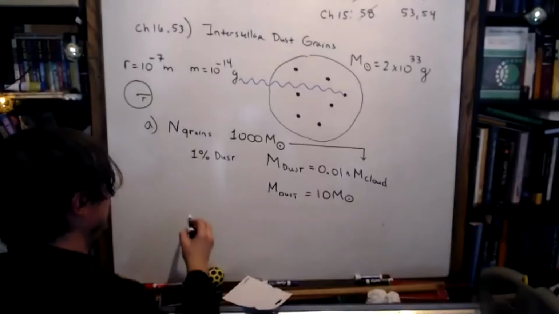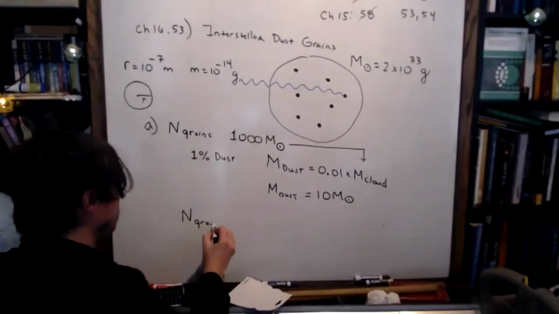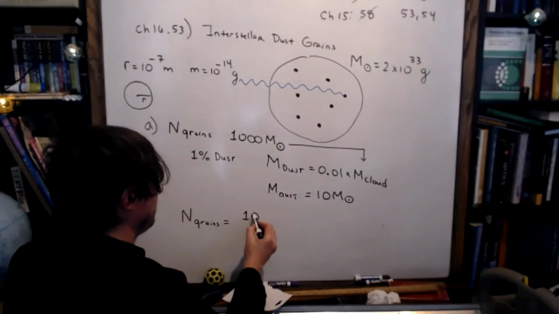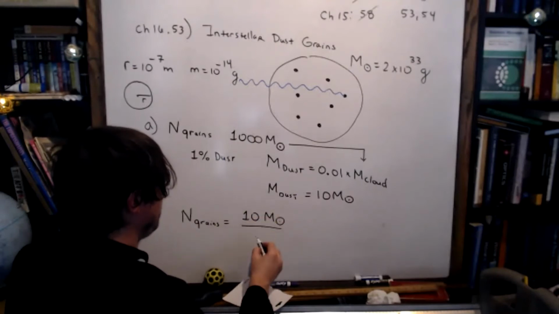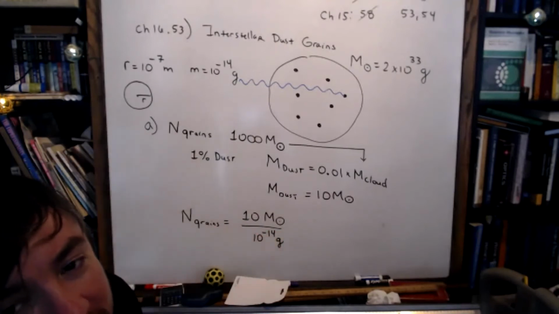So Christopher's second idea, which was a good idea, is that the number of grains of dust will be 10 solar masses divided by the mass of each grain.